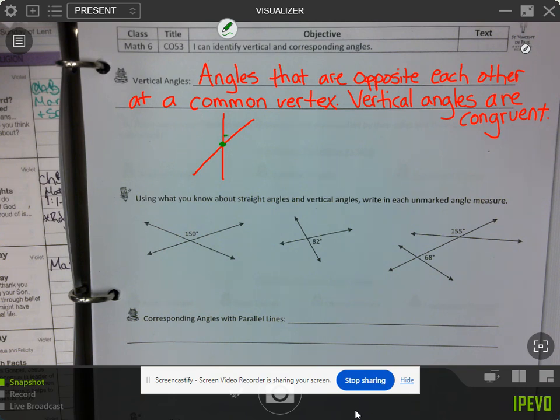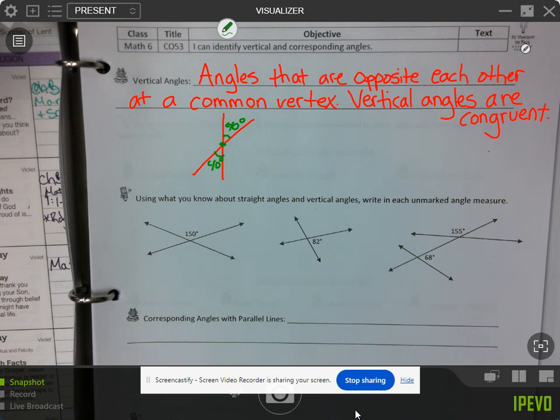So this angle is vertical to this angle. It's opposite of it. If this angle is 40 degrees, what do you think this angle is going to be? Layla? 40 degrees. That's what it means to be congruent. Congruent means they are the same measurement.